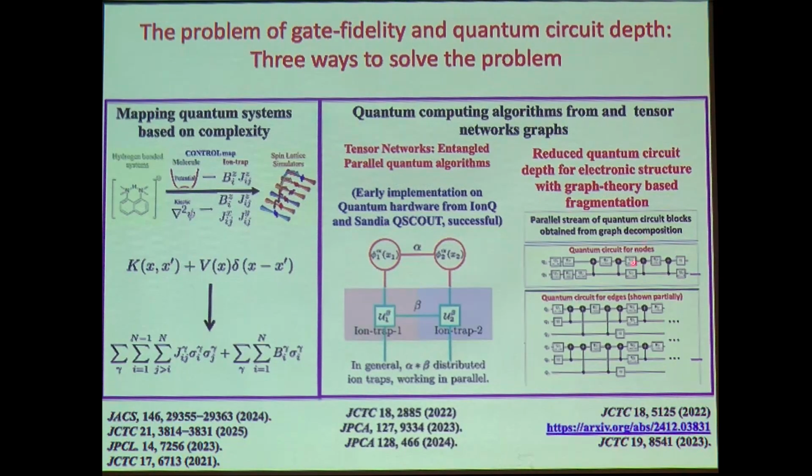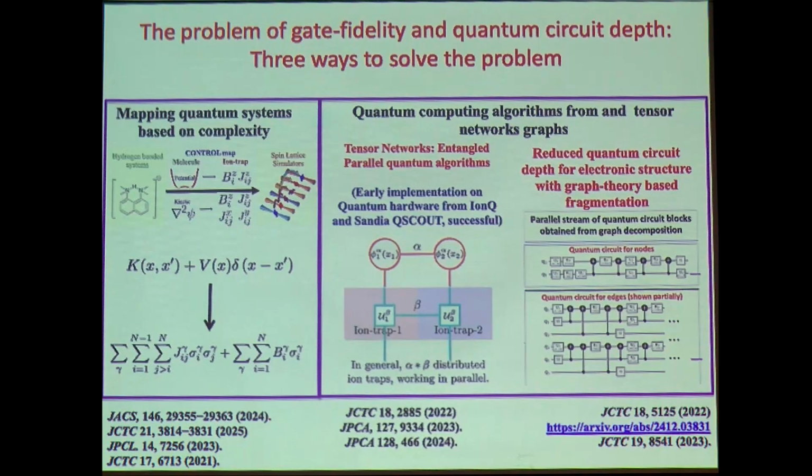Electronic structure, we have come up with a graph theory based fragmentation of quantum circuits. Okay, so it's very similar to the fragmentation approaches pioneered by Professor Gadre and Professor Raghavachari. Okay, and so it's very similar to that, but then we apply it to quantum circuits, and then we end up with a family of quantum circuits that are all solved in many different quantum computers.